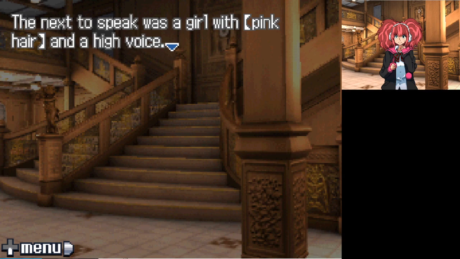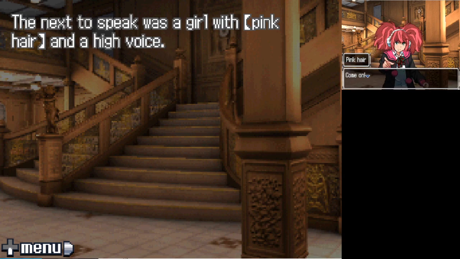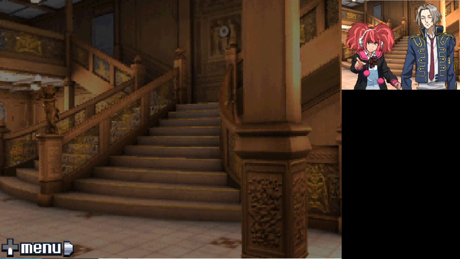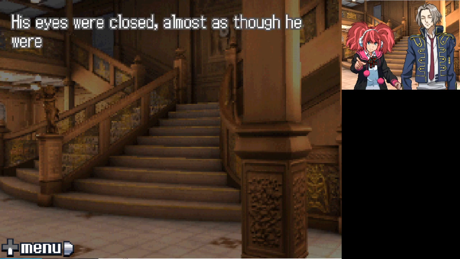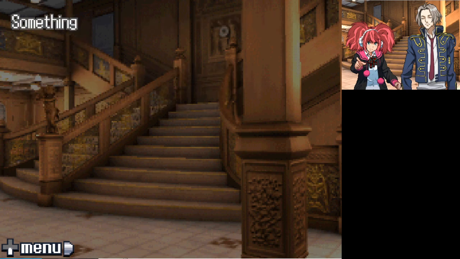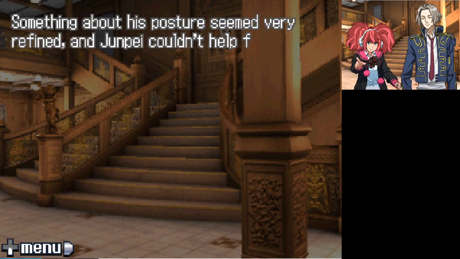The one who spoke was a girl with pink hair and a high voice. "Come on, aren't you coming? You gotta hurry." Her small hand was wrapped around the wrist of another man. His eyes were closed, almost as though he were sleeping. His features were graceful, almost serene, and he was dressed rather elegantly for someone his age. His posture seemed very refined.